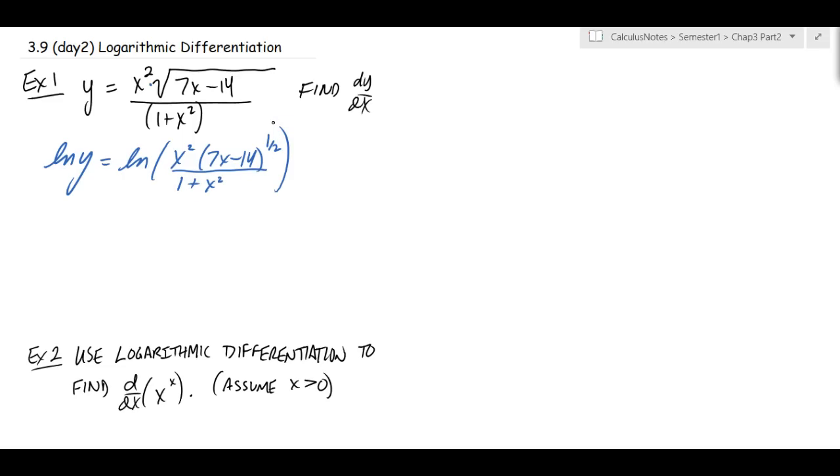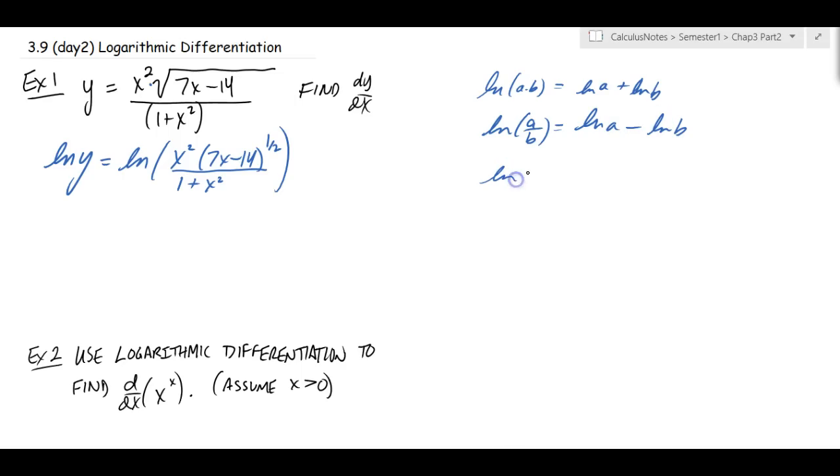Now, by properties of logarithms, when you studied logarithms, you learned things like the log of a times b is the log of a plus the log of b. And you learned that the natural log of a over b is the natural log of a minus the natural log of b.